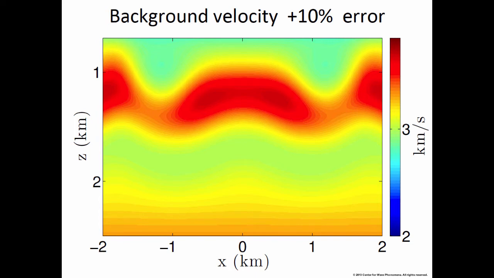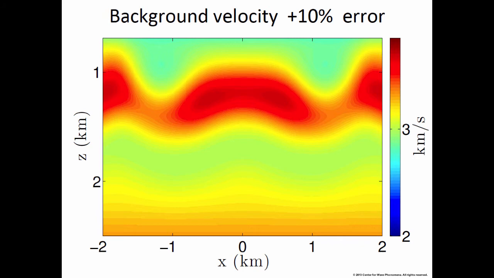What we want to show now is that our method is robust with respect to errors in the background velocity, which is an input for migration techniques and for our method.